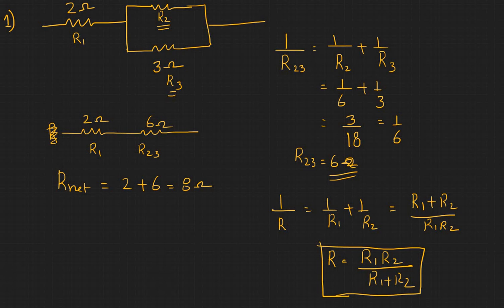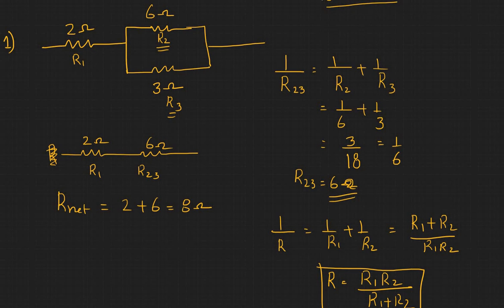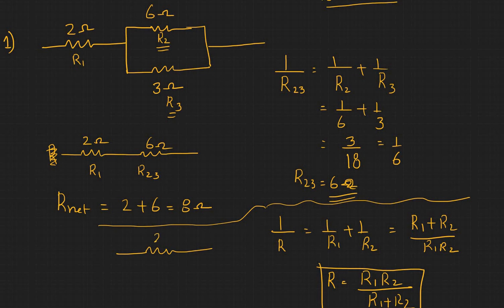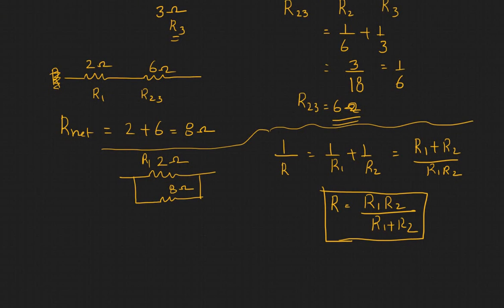So in this particular case, let's look at this separately. Because R1 and R2 are confusing, let's say this is 2 ohm, which is R1, and you have here 8 ohms, which is R2.